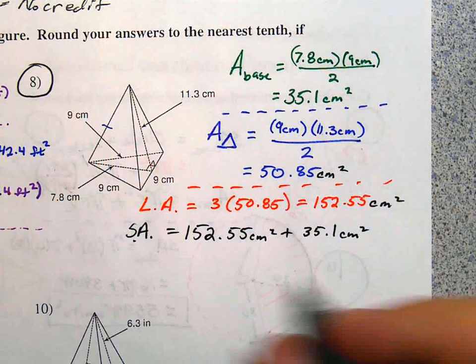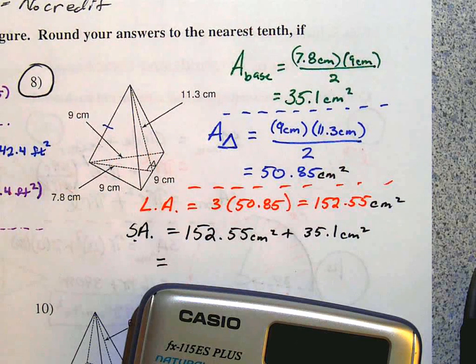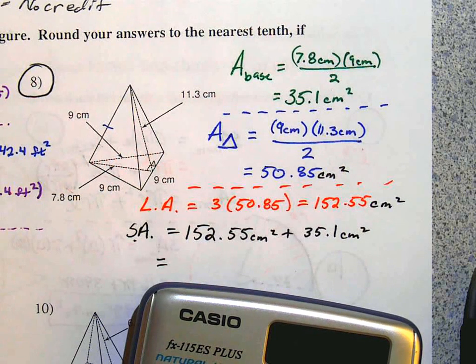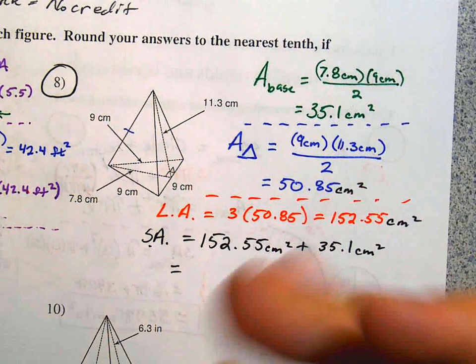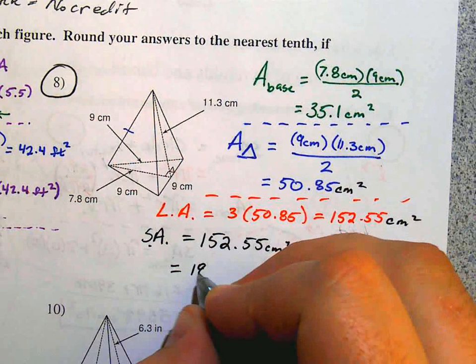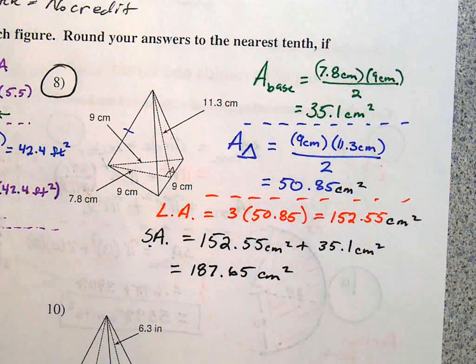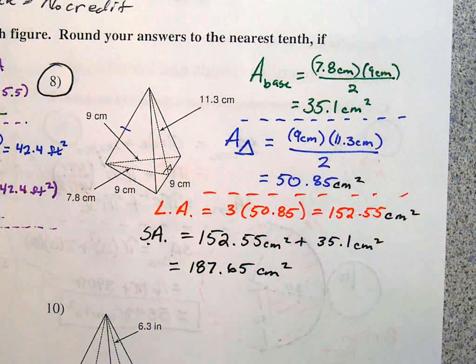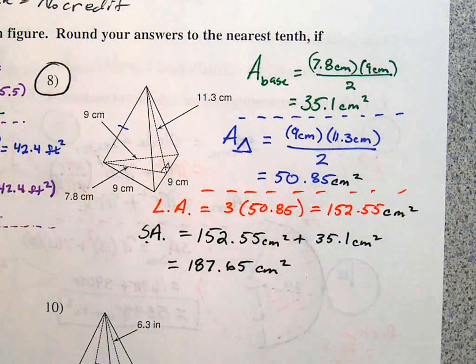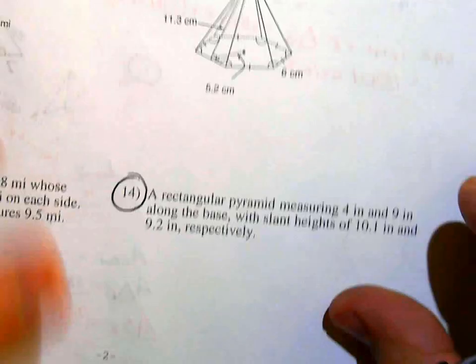Centimeters squared, plus the 35.1 centimeters squared, and add those together. 187.65 centimeters squared. There we go. So we've got our lateral area and our surface area.